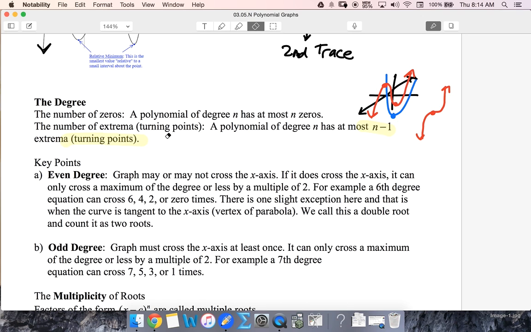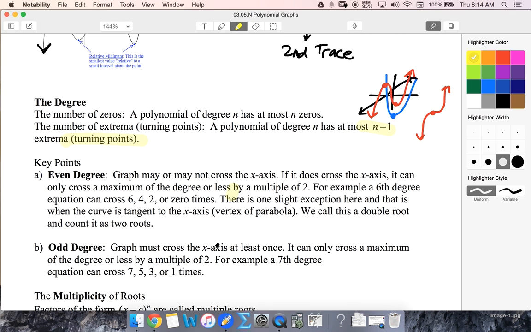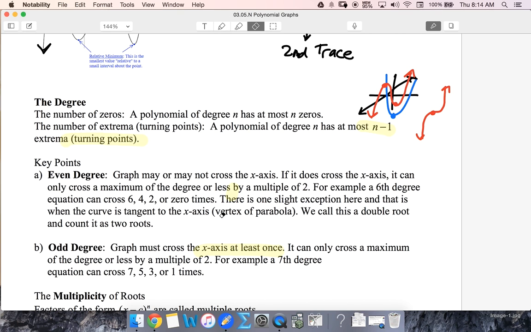Now let's think about how many times we cross the x-axis. So if I have an odd polynomial, and that's back to my line here or my cubic, odd polynomials, because they go in opposite directions, are going to cross the x-axis at least once, because the polynomial moves in opposite directions.